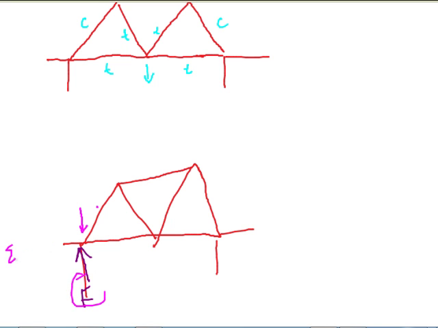So the sum of the forces up must equal the sum of the forces down. So to have a downward component, this one must have a reaction force that's pushing that way. So therefore, reaction force pushing out means it's in compression.